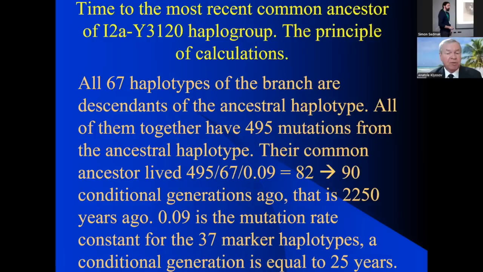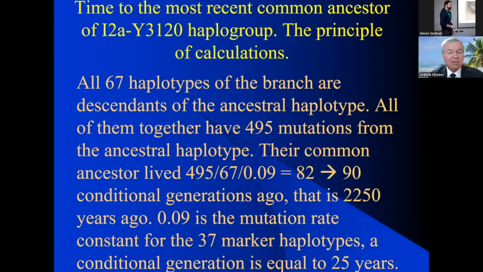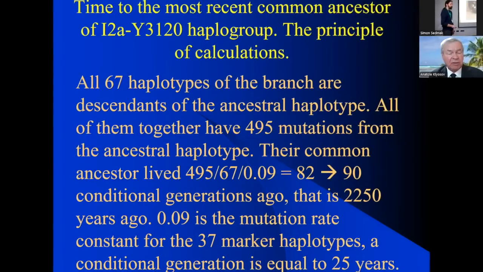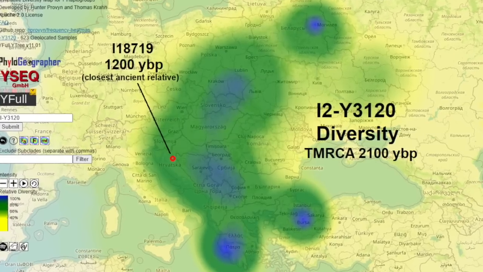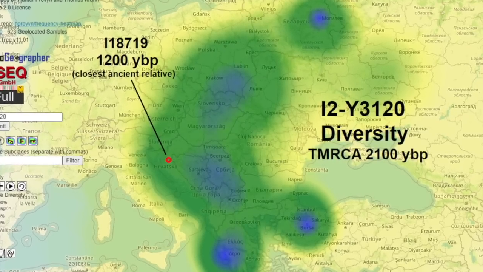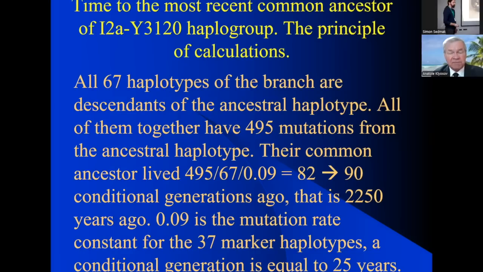And you see it would be 82 generations, with a correction for back mutations or reverse mutation would give us 90 generations. I would call it here conditional generation. Let me explain in a few seconds what it means, which is 2,250 years ago.